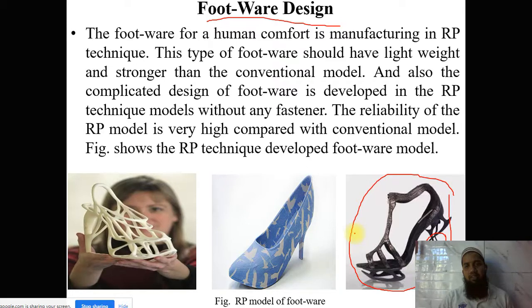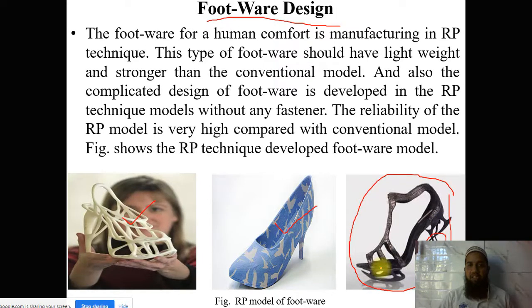By use of rapid prototyping, we can easily develop this kind of model, and it has very good strength also. You can see this model also. This is a footwear design. This is one example, but even more complex parts, which are not possible by die casting, we can develop by use of rapid prototyping.